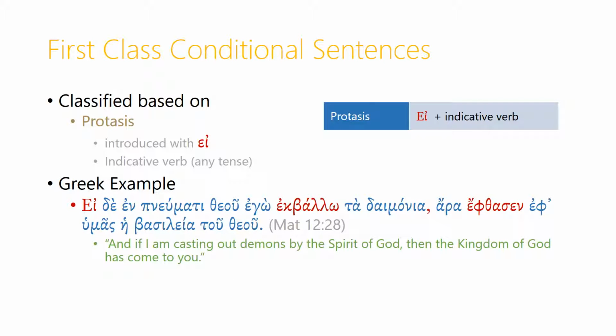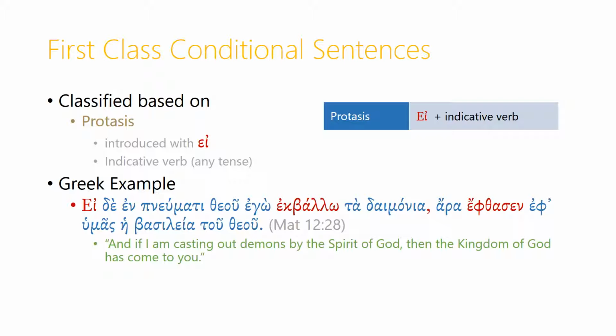Here's a Greek example from Matthew 12:28. Ei de en pneumati theou ego ekballo ta daimonia, ara ephthasen eph' hymas hē basileia tou theou. Ei, if I am casting out demons, ekballo ta daimonia, by the Spirit of God.